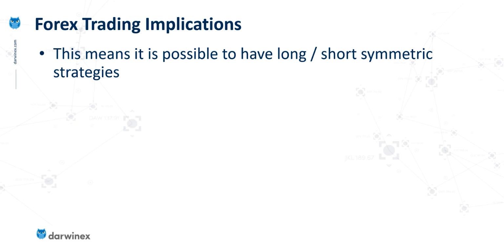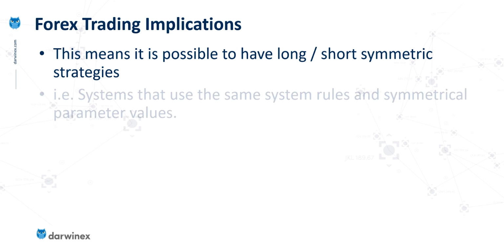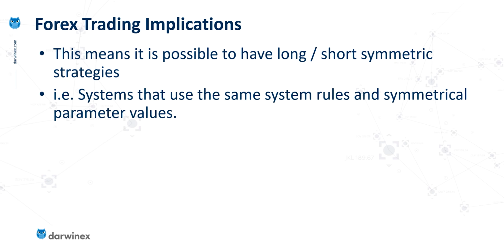Well, firstly, it means that it's viable to have a long-short symmetric strategy that trades this pair. By that, I mean a strategy that uses the same rules and the same parameter values when going both long and short.